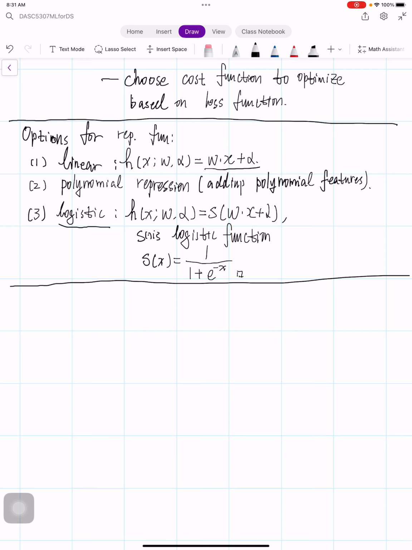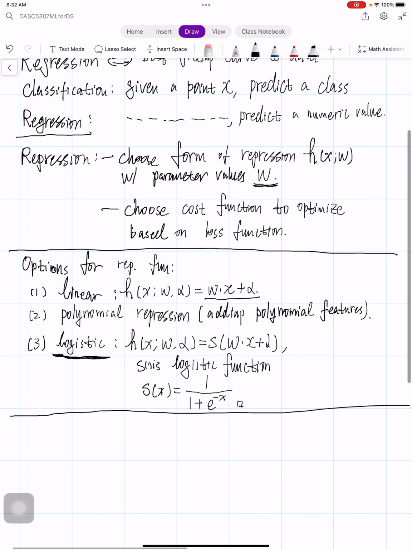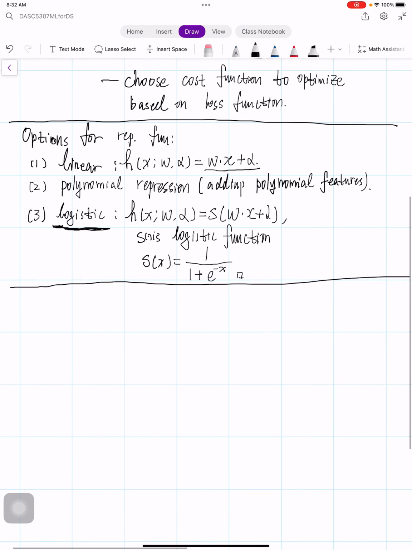But here, alternatively, we can skip the step of fitting the normal distribution in the QDA. We can directly use techniques to find the best fitting logistic curves to the data. So yeah, that's the difference between the Gaussian discriminant analysis and the logistic regression. Okay, so that's the first step. You choose a regression function.